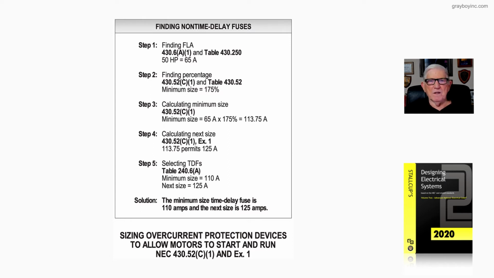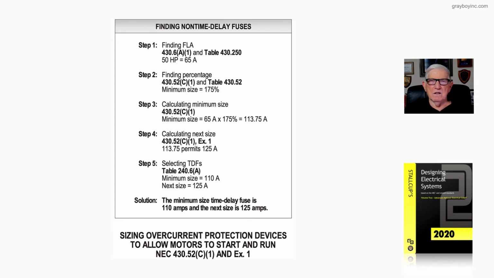So application 430.52C1, then we take the 65 amp full load current from step 1, multiply by 175% from step 2, we come up with 113.75. Now you have a choice.